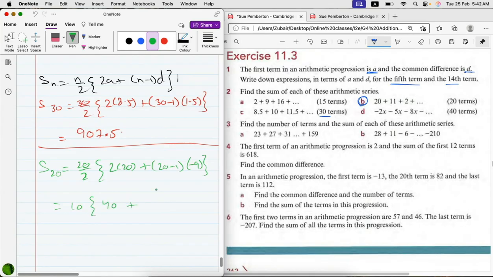With minus 9, that would be, yeah, minus 1310.